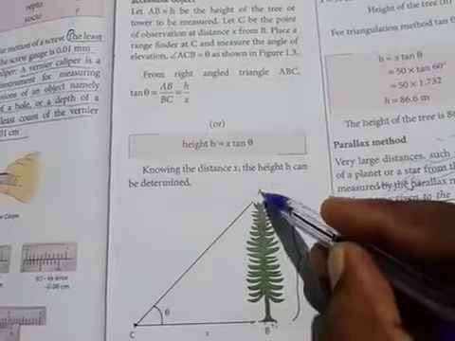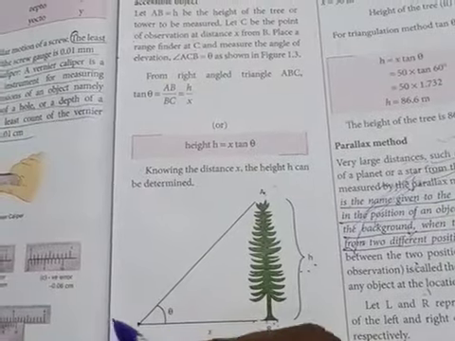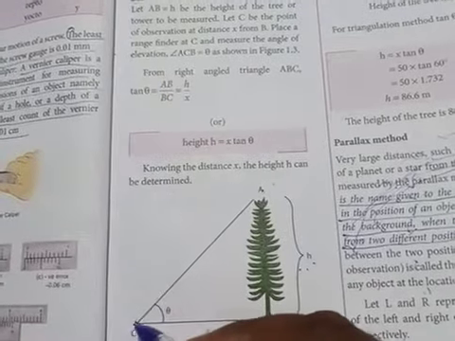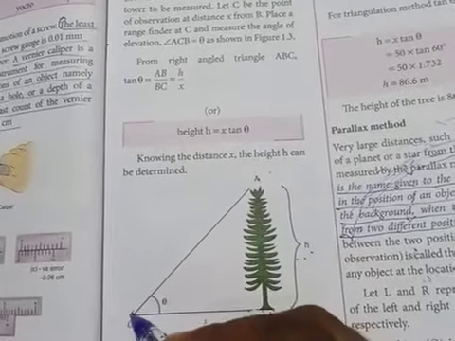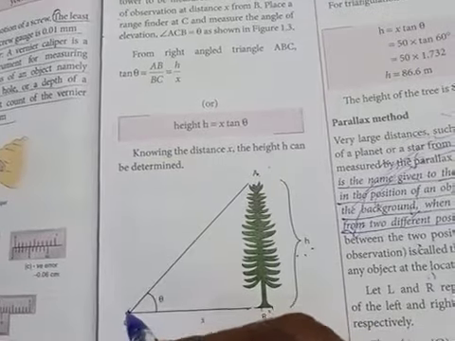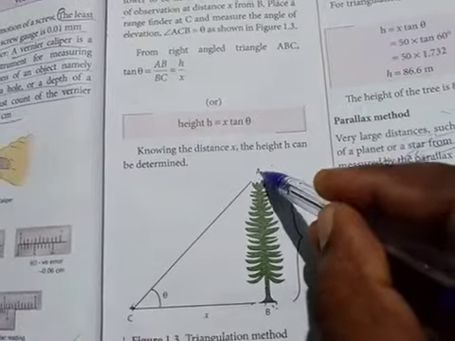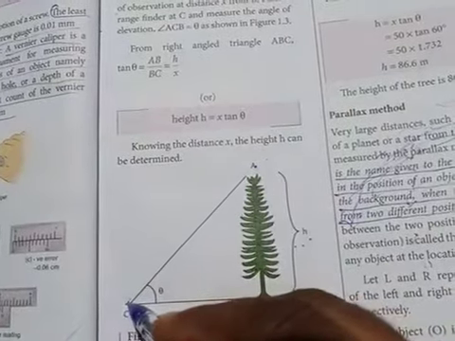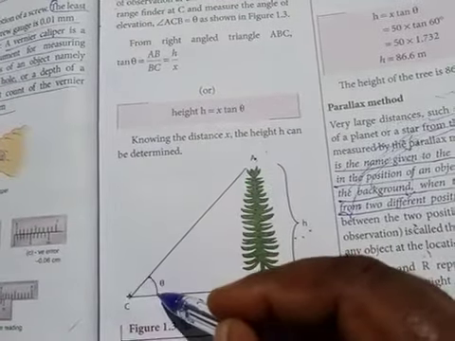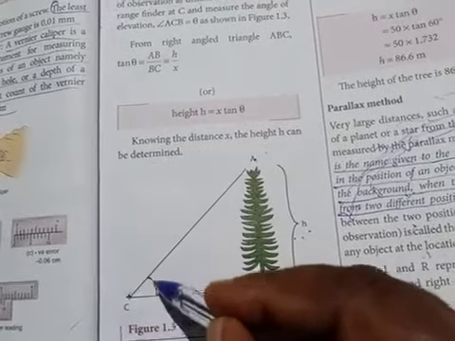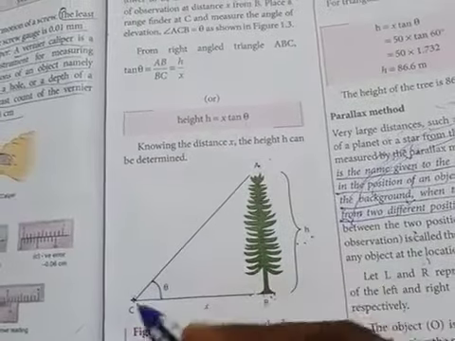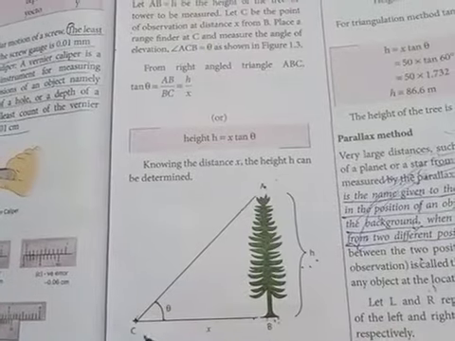You want to measure this point A and you are standing at this point C. So you can use a rangefinder here, an instrument to measure distance from this point to this point. Now you will get an angle of elevation, so you can take ACB as theta.